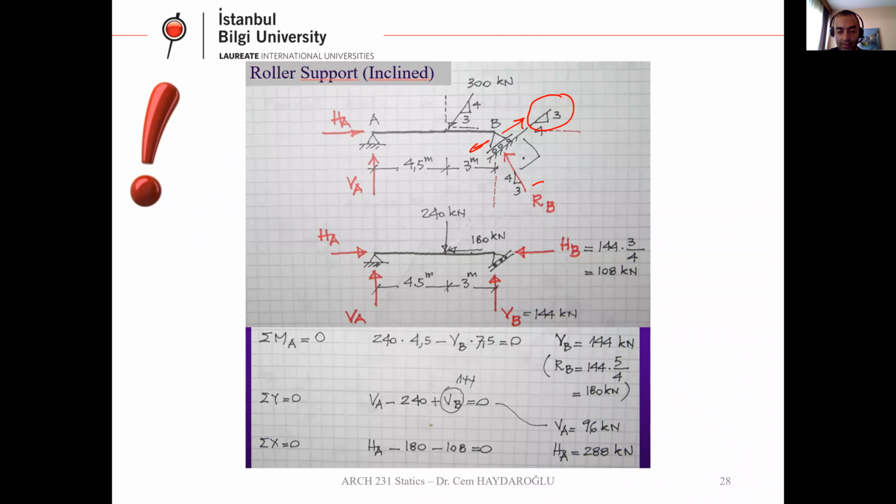VA is 96 kilonewton. If we write the total X here, we can get HA, as you can see, 288 kilonewton. We have VB, VA, and HA.